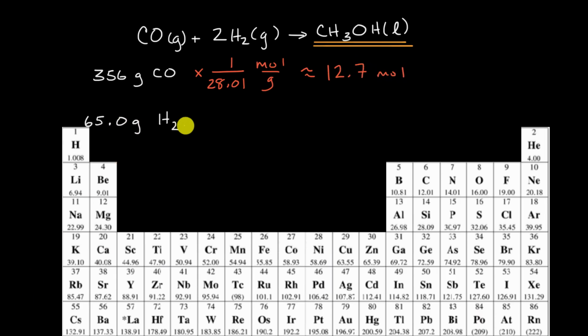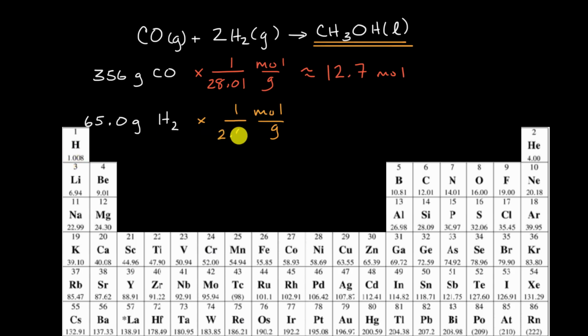And then we could do the same thing for the molecular hydrogen. And here, for every 1 mole, how many grams, or what's our molar mass of our molecular hydrogen? Well, each hydrogen atom is 1.008 grams per mole, but each molecule of hydrogen has 2 hydrogens in it, so it's going to be 2 times this.